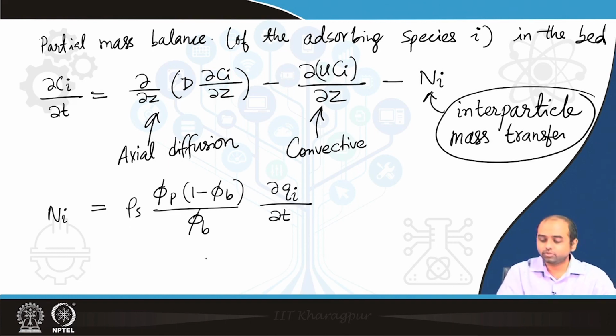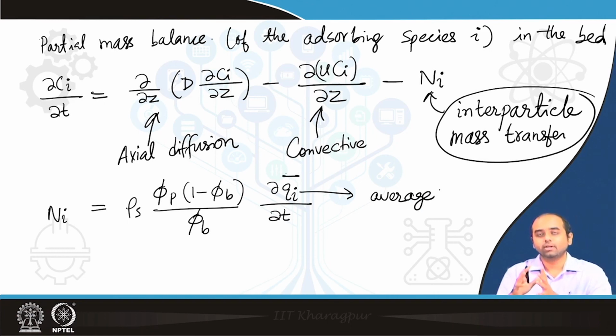by dt. So, what is this qi? qi is the average, or you can write it as q bar, because we are not talking about the concentration effects at different surface locations on the particle, right. We are considering a particle as a point mass which has some mass, and the adsorption happens there.